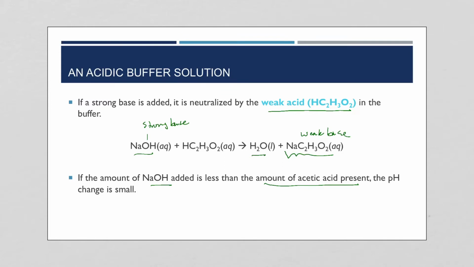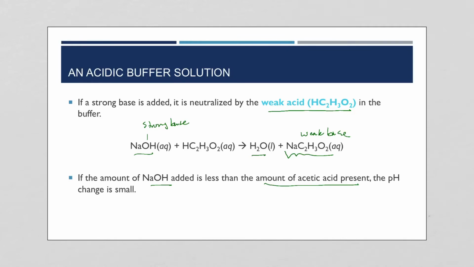So how does it operate, right? How does it accomplish this goal of maintaining a similar pH? Well, if a strong base is added, right, the acid component of our buffer jumps into action and neutralizes that strong base, or the hydroxide that's coming from that strong base, as it's added, right?